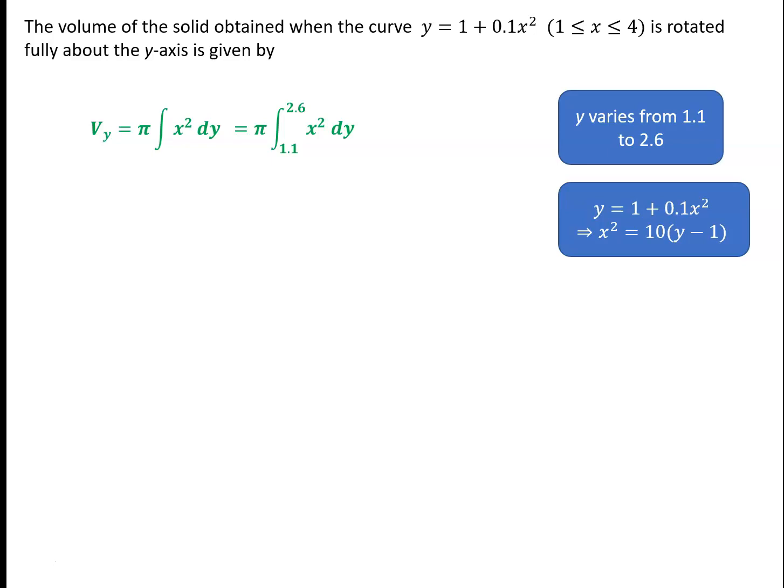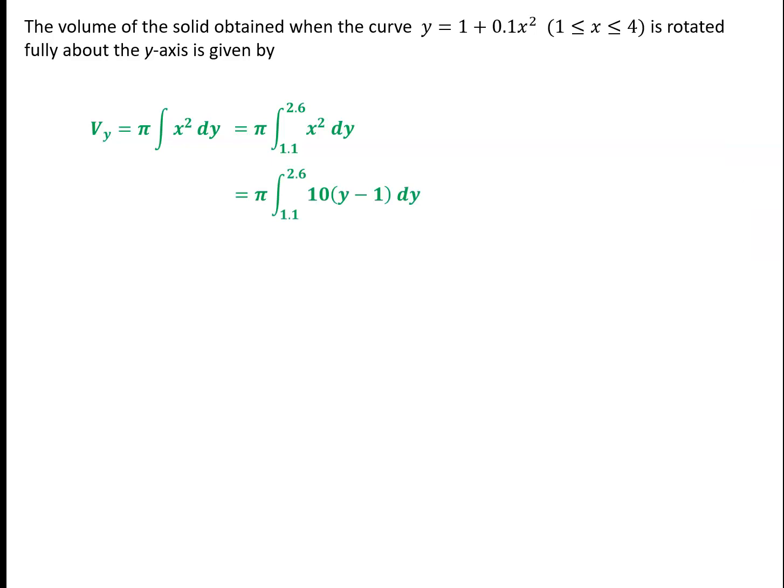So I know that x squared is equal to 10 times y minus 1. So the volume of revolution when the curve is rotated fully about the y-axis is given by pi times the integral between 1.1 and 2.6 of 10 times y minus 1, which is pi times the integral of 10y minus 10.